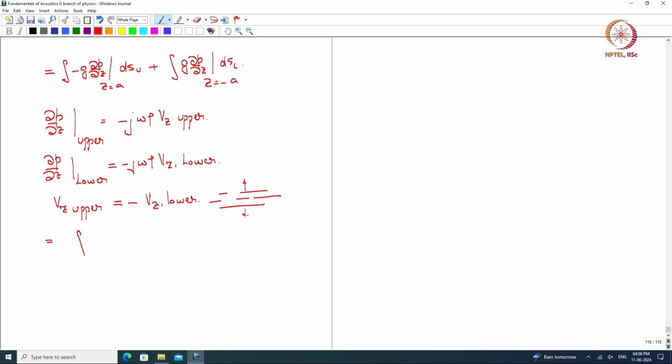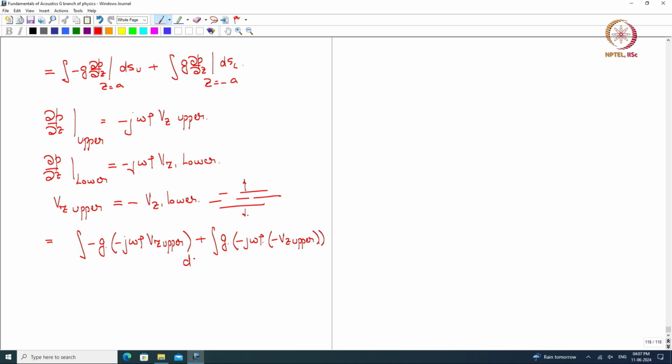upper is integral minus G del P del Z, which is minus j omega rho V Z upper, plus integral G del P del Z lower, which is minus j omega rho V Z lower, which is minus V Z upper.